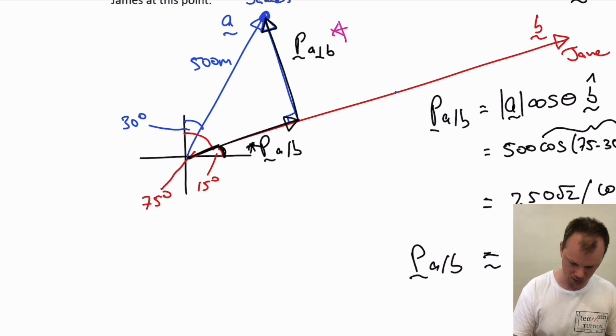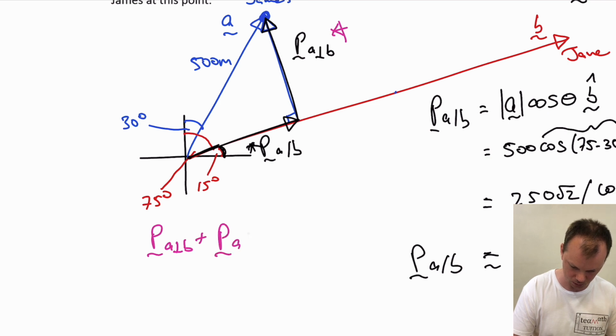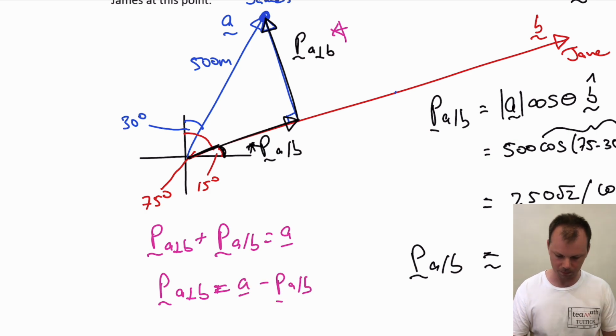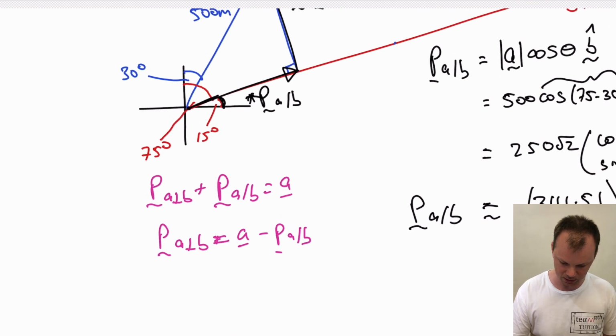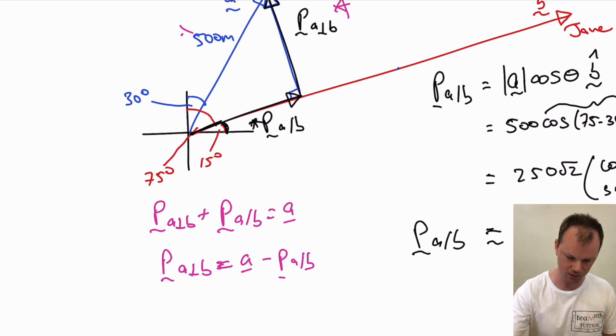We know that the vector projection of A perpendicular to B equals A, okay, so we know both of these vectors. A is given up here.